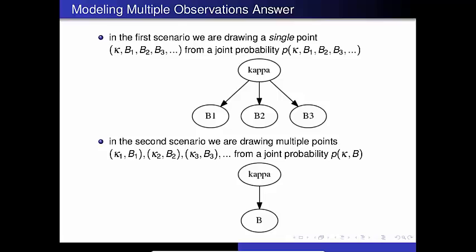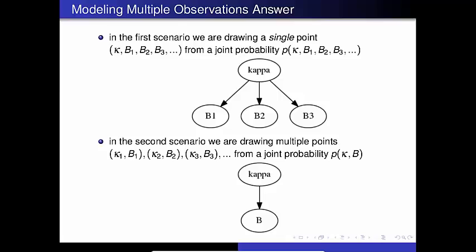In the second scenario, the simplest way of drawing it is that we're drawing a separate pair of kappa and B many, many times, right? So we can represent that as just a joint probability kappa B, where the point is that we're only getting a single value of B for each kappa.